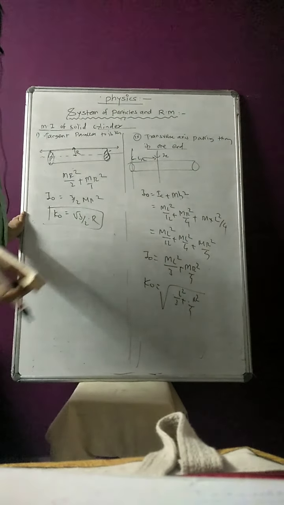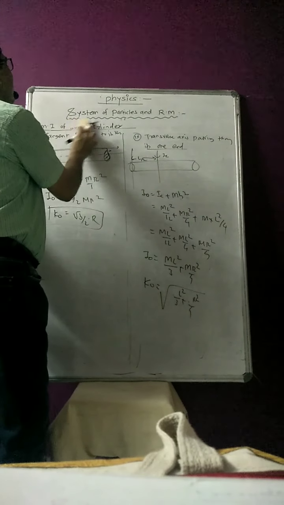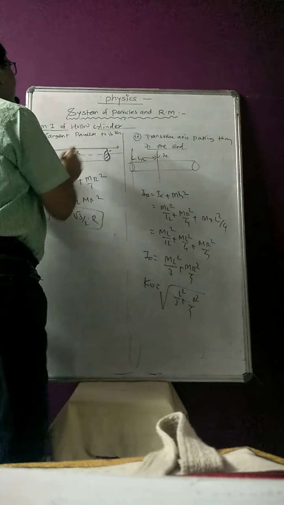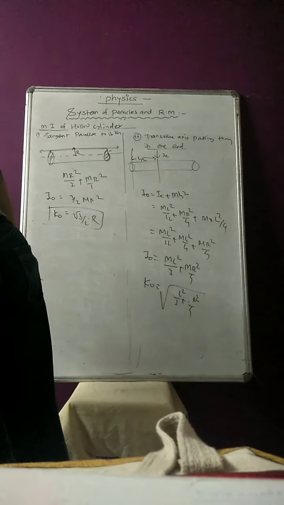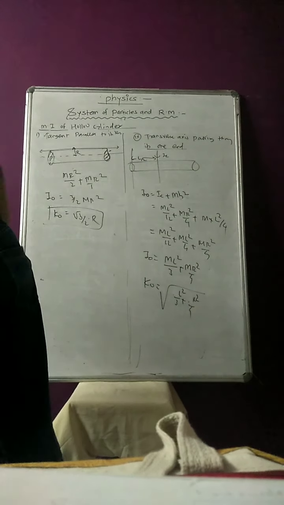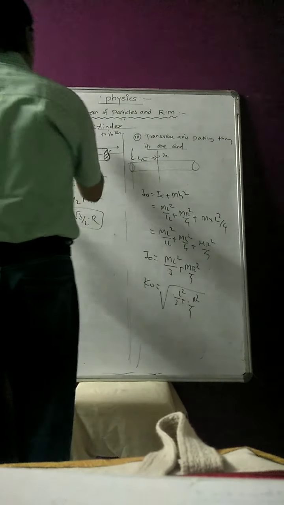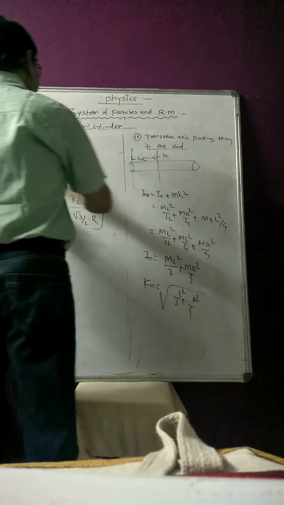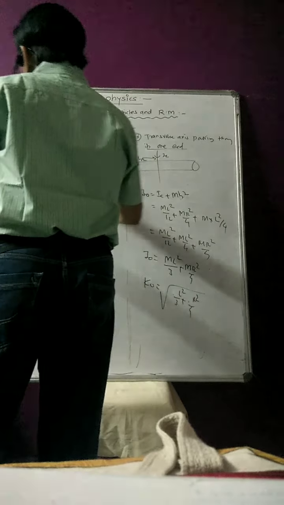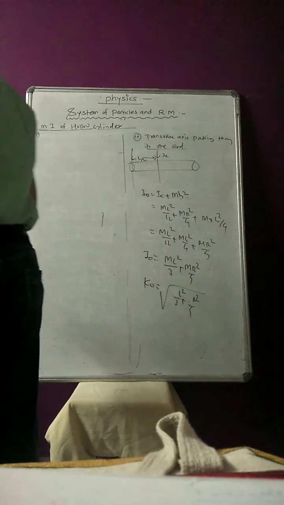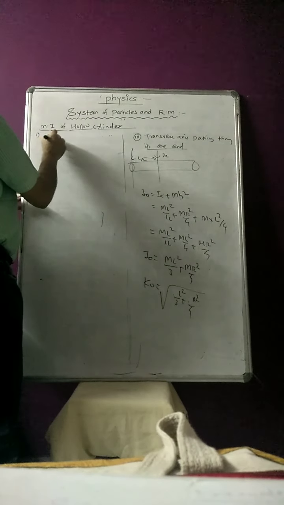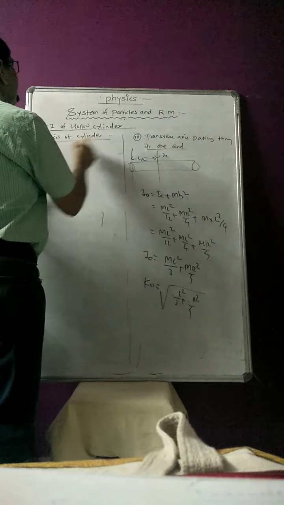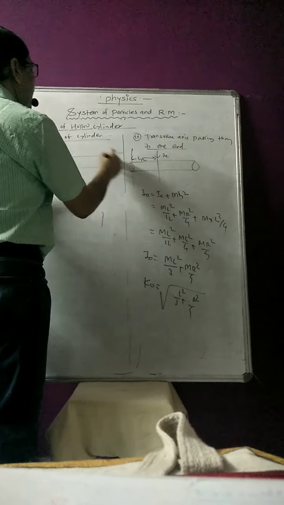Now we can go for the hollow cylinder. Instead of a solid cylinder, if I consider the hollow cylinder, again the first point is about which axis you are taking. The first condition is about its axis, the axis of the cylinder.